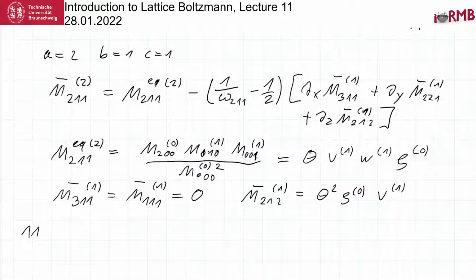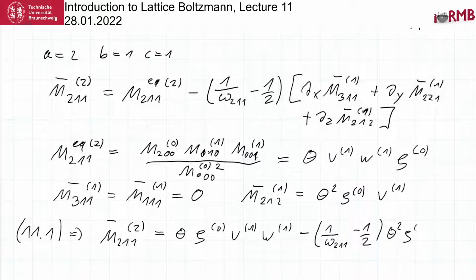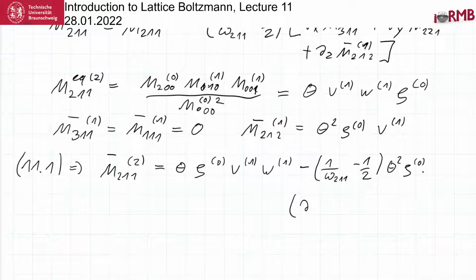And this now gives us the equation 11.1. 11.1 is that M211 to second order is equal to theta rho 0 order v1 w1 minus 1 over omega 211 minus 1/2 theta squared rho 0, and this is multiplied with d_y w1 plus d_z v1.